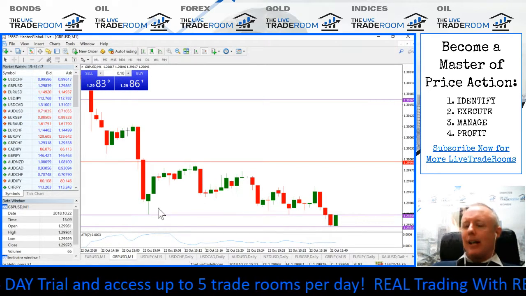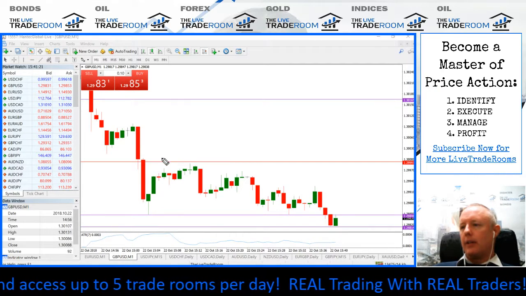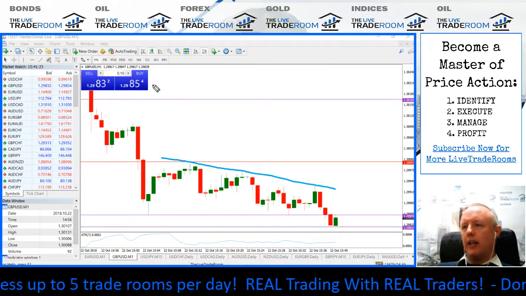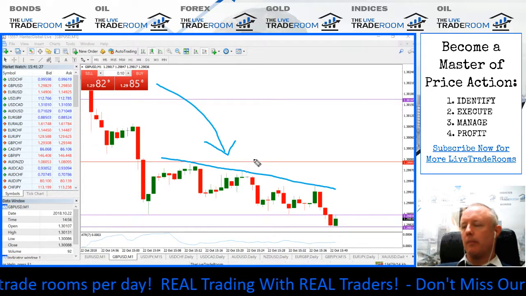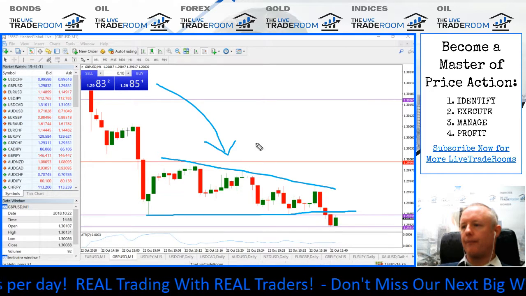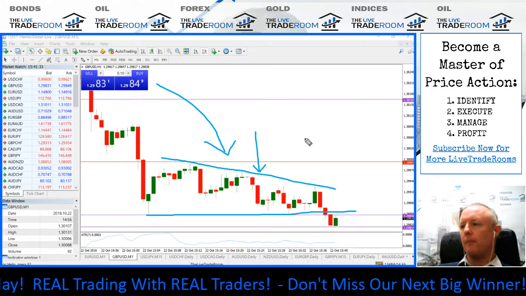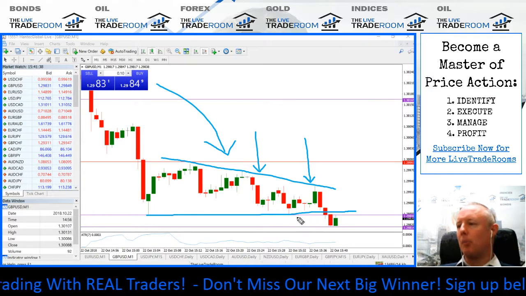Now what this market is telling us, from a technical perspective, is that firstly it's coming from high to low, so there's a lot of momentum to the downside, but we also have this descending platform, and every time the price gets to that level, it's applying that little bit more pressure.